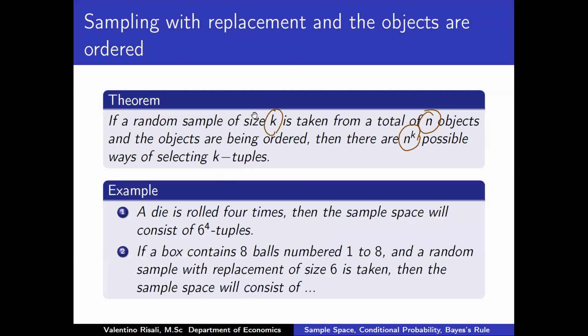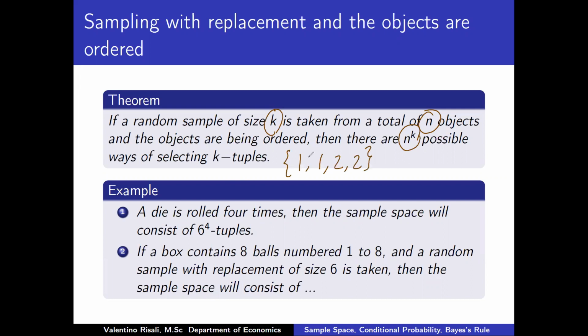We must consider that it is with replacement, and we care about the order of the outcome. For the first example, a die is rolled 4 times. This is associated with replacement, since we can get the result 1 1 2 2.